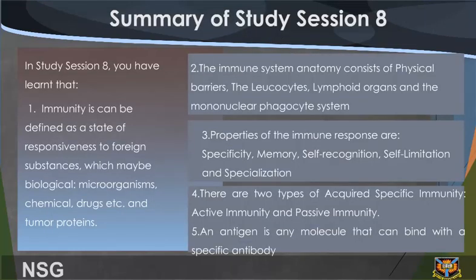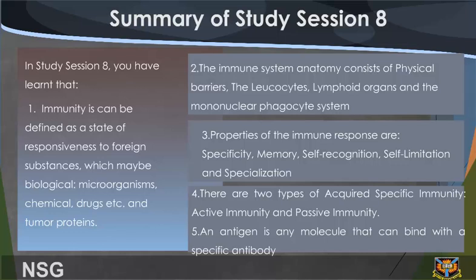Summary. In study session 8, you have learnt that 1. Immunity can be defined as a state of responsiveness to foreign substances, which may be biological, microorganisms, chemical, drugs, etc., and tumor proteins. 2. The immune system anatomy consists of physical barriers, the leukocytes, lymphoid organs, and the mononuclear phagocyte system. 3.